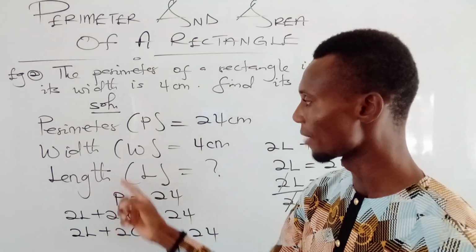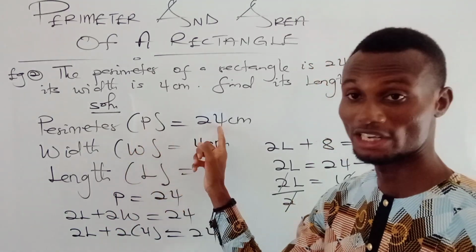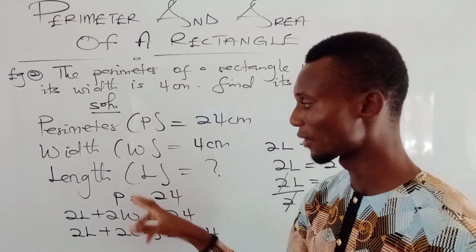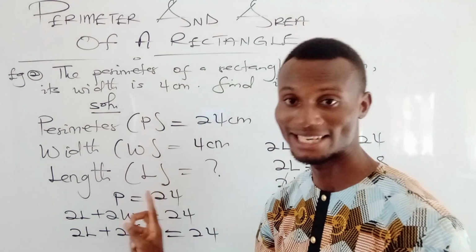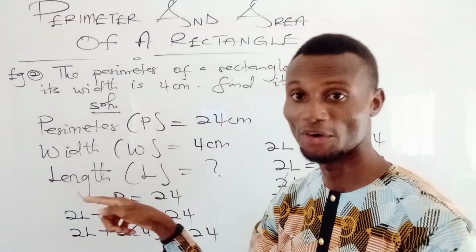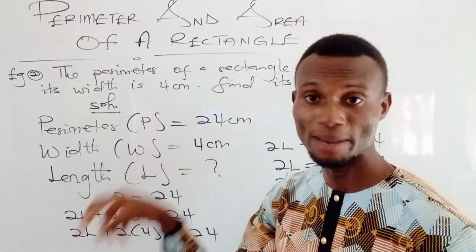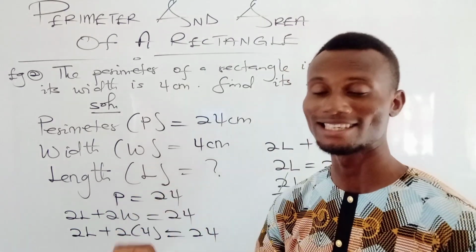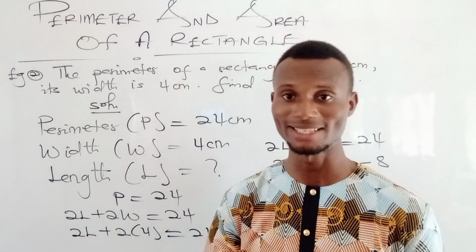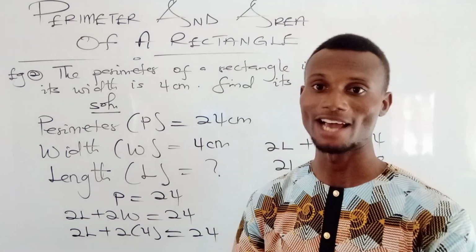We have been given the perimeter equals to 24. Now the question says you should find the length, and the only place you can get the length is from the perimeter, because it's within the perimeter that we can get the length and the width. We know that the formula for finding the perimeter of a rectangle is 2L plus 2W.